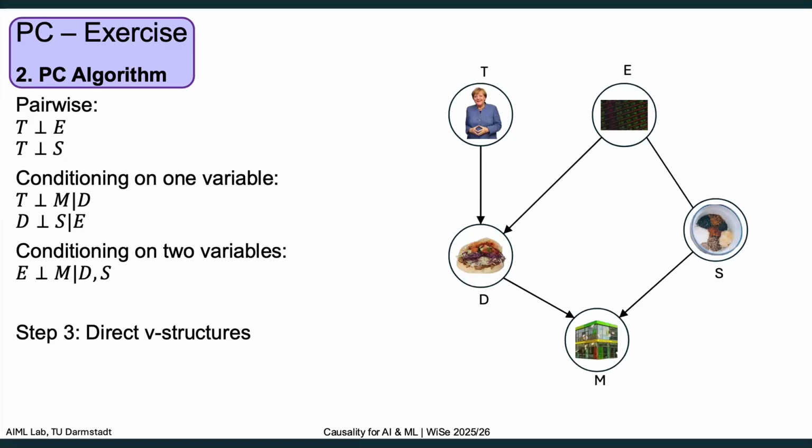So, for example, for D and S, you might wonder why we don't direct an additional V structure via E. This is because in the conditional independencies, we have one test where E is in the conditioning set. And this also goes for all the other pairs. So the only V structures left are T, D, and E, and D, M, and S.